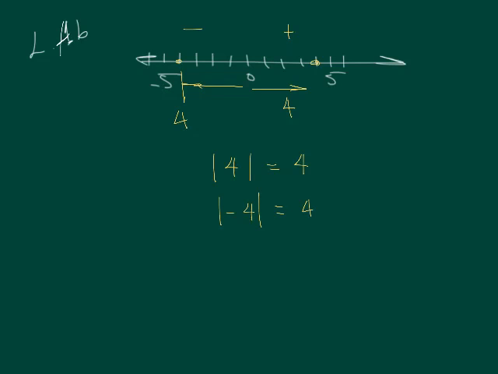So that's why the absolute value of any number is always that number but positive, because distances are always positive. Directions can be positive or negative, or east, west, north, or south, but distances to someplace are always positive. So that's just a real brief summary of the idea of what absolute value is.